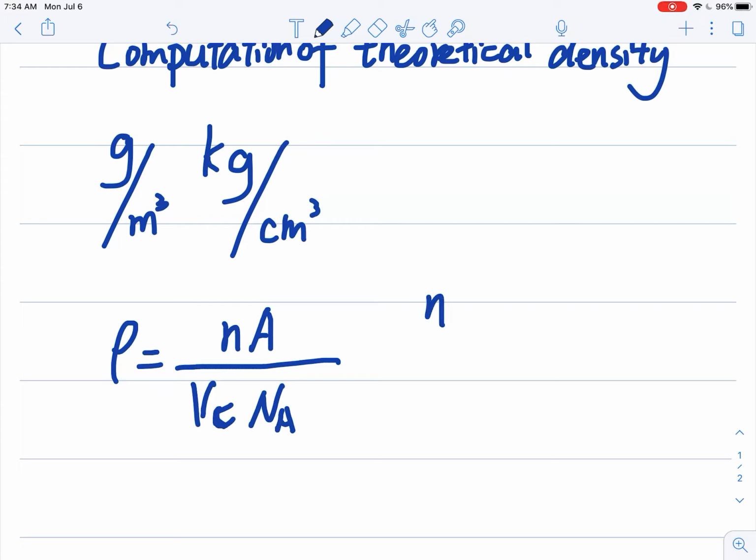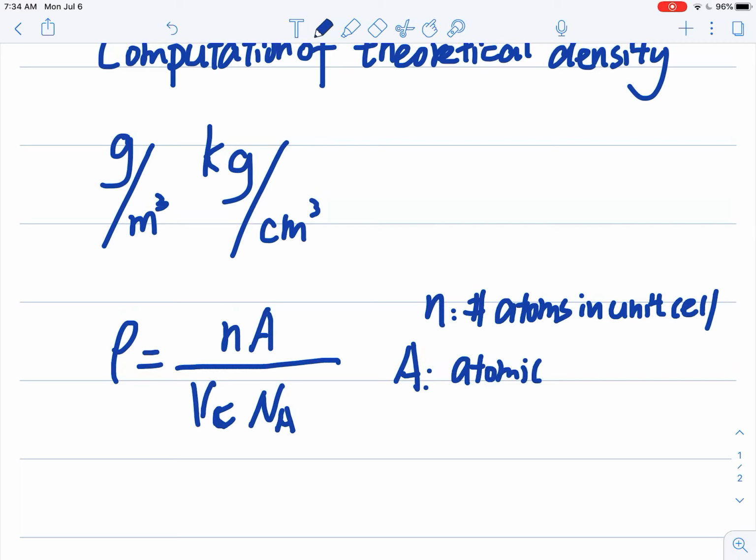Right here, n is the number of atoms inside of the unit cell. And A is the atomic weight of the given atom. VC here is the volume of the unit cell.